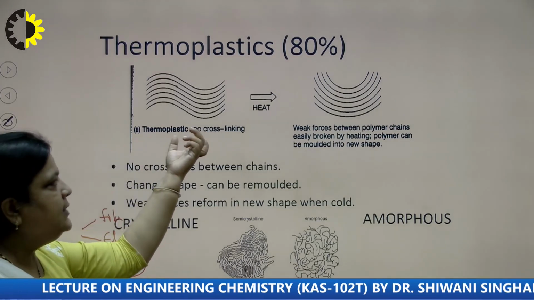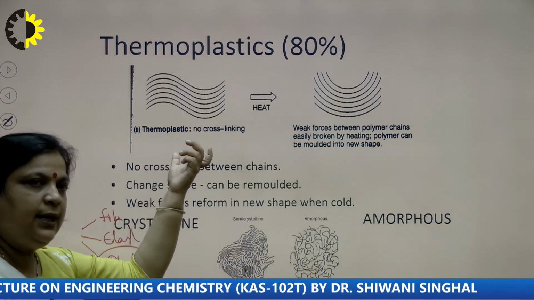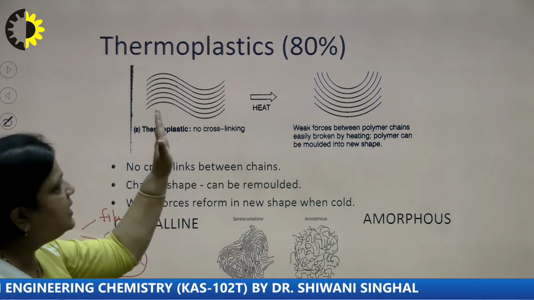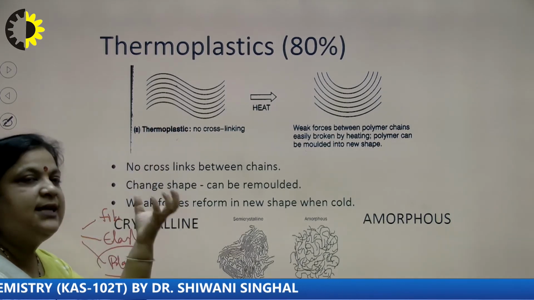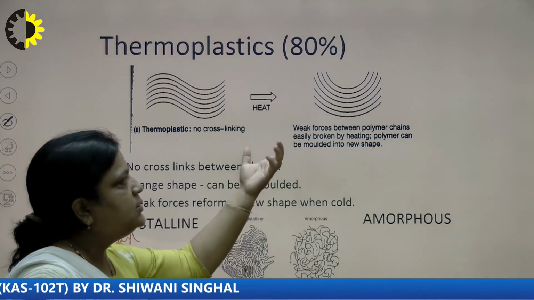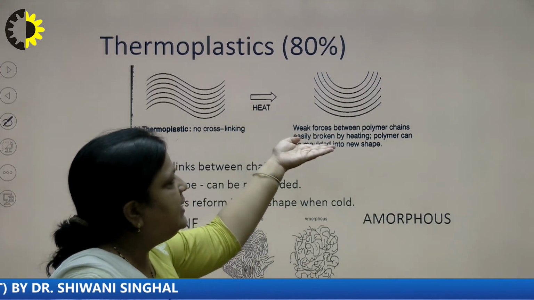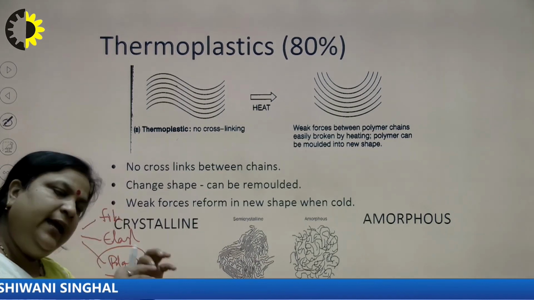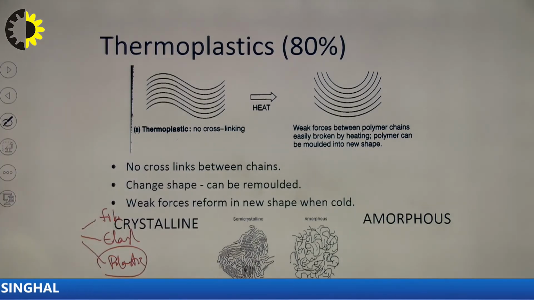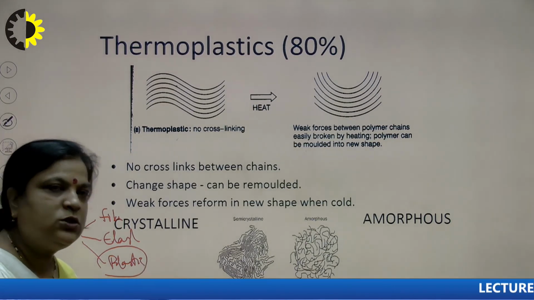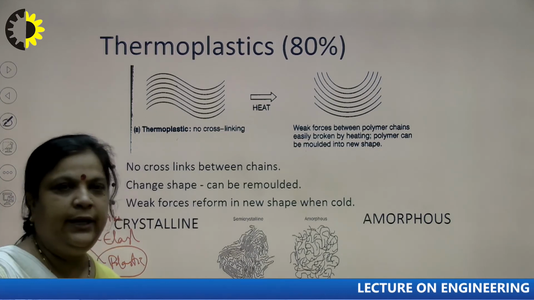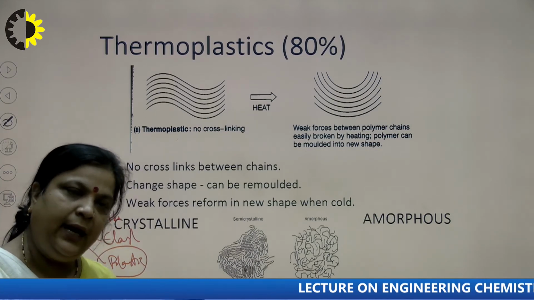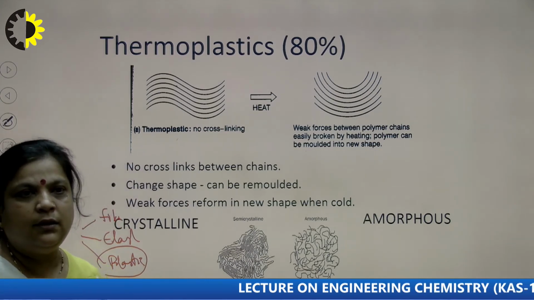That is, in thermoplastic there is no cross linking, and because the forces are weak van der Waals forces, the chains can easily be broken by heating. So they can be molded in any desired or new shape. Thermoplastics are those plastics which become soft on heating, but again on cooling they become hard.